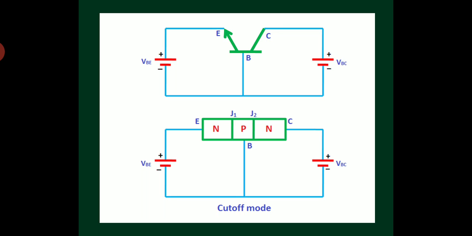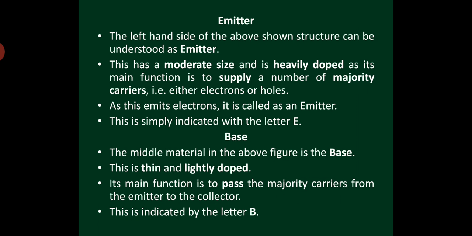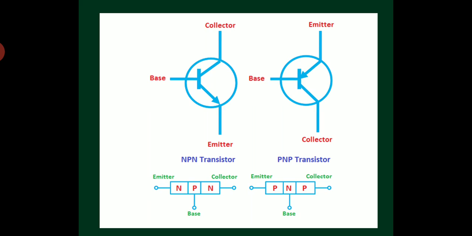The figure at the bottom of your screen is a schematic of NPN and PNP. Here there are two junctions in this transistor. The first junction is between emitter and base. The second junction is between base and collector.